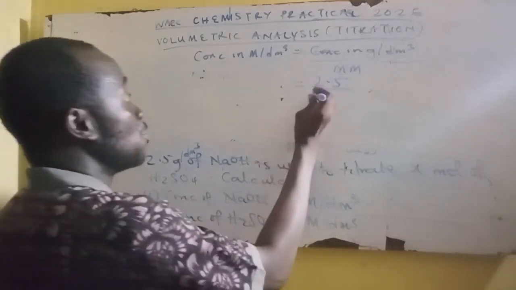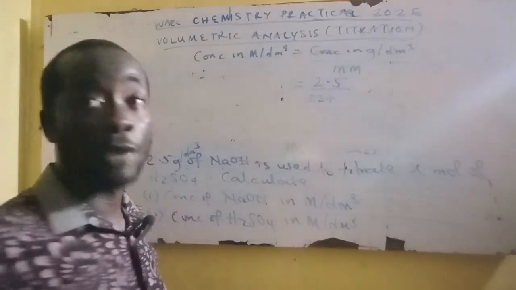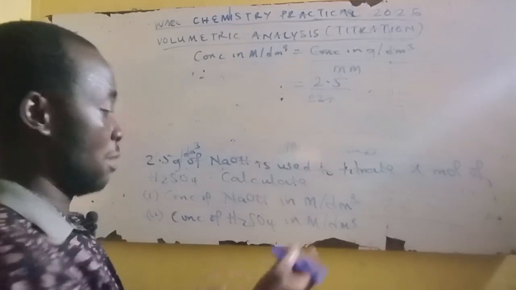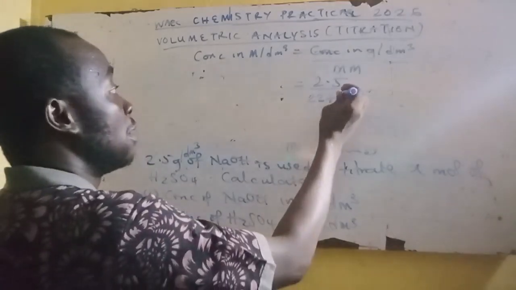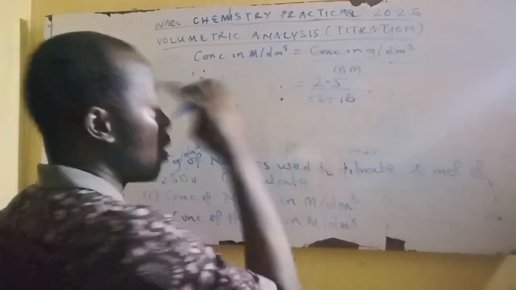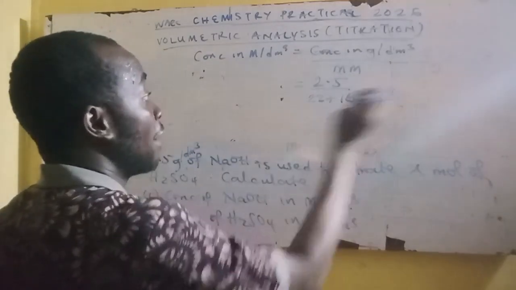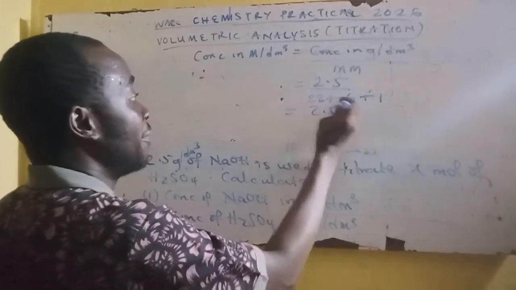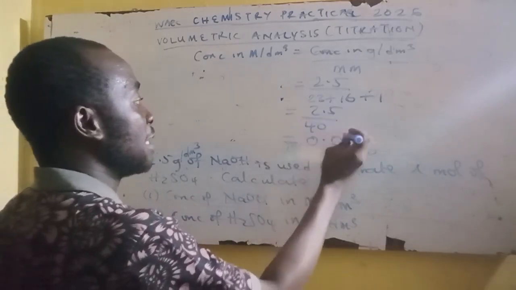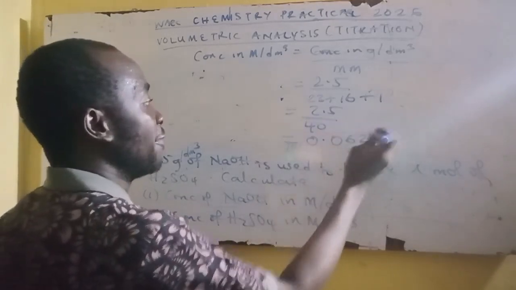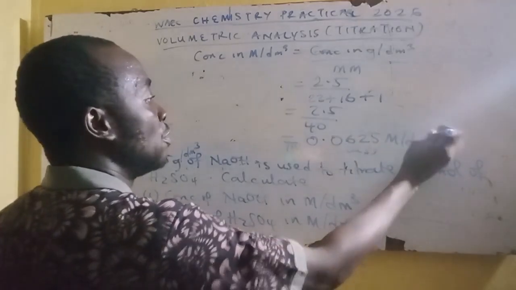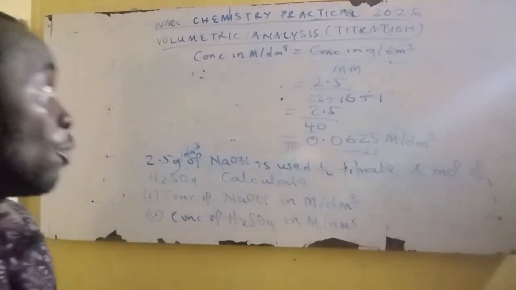The mass of sodium is 23, the mass of oxygen is 16, and that of hydrogen is 1. So this is 2.5 over 40. Our moles will be 0.0625 mole per dm cube.